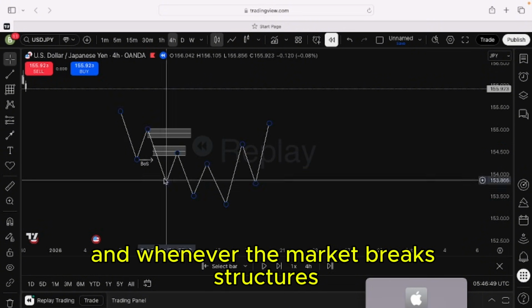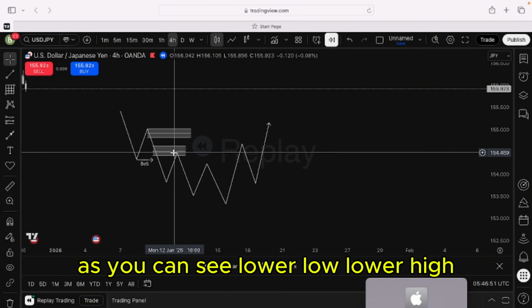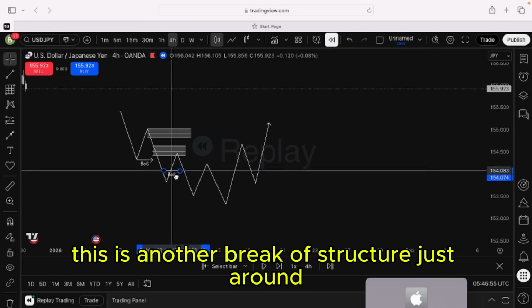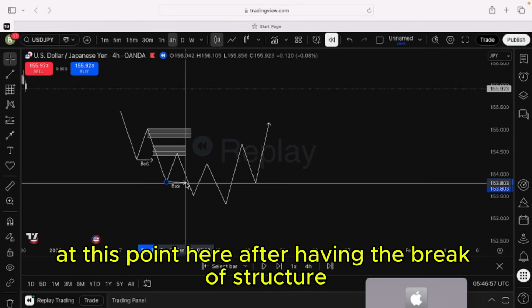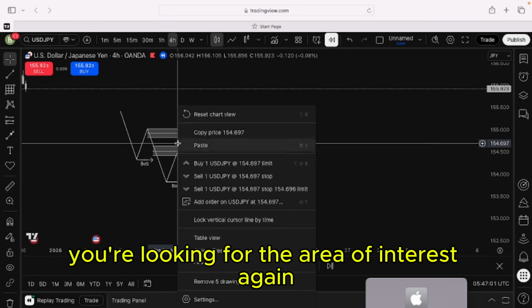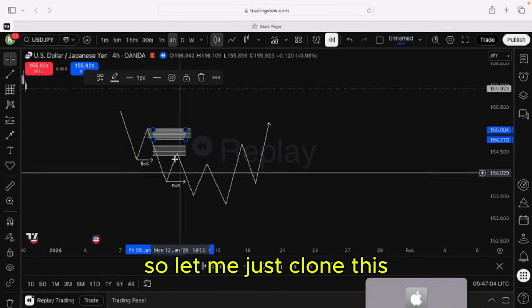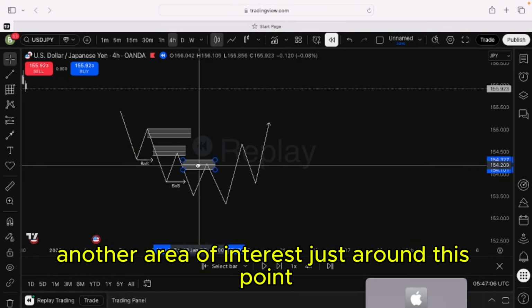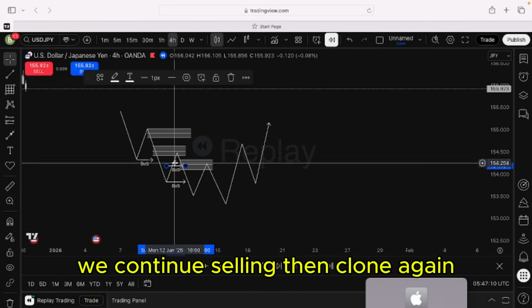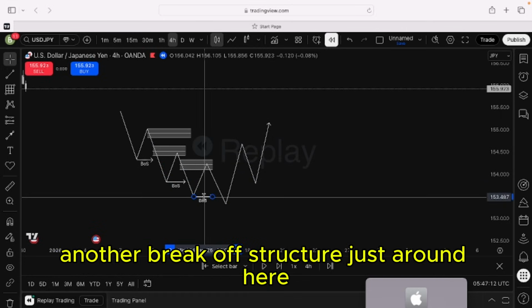Whenever the market breaks structure, as you can see, lower low, lower high, lower low, this is another break of structure just around this point here. Then after having the break of structure, you are looking for the area of interest again. So let me just clone this, another area of interest just around this point. We continue selling, then clone again, another break of structure just around here.